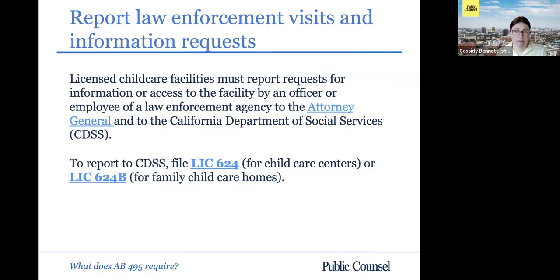So there is LIC 624 for childcare centers, or LIC 624B for family child care homes.